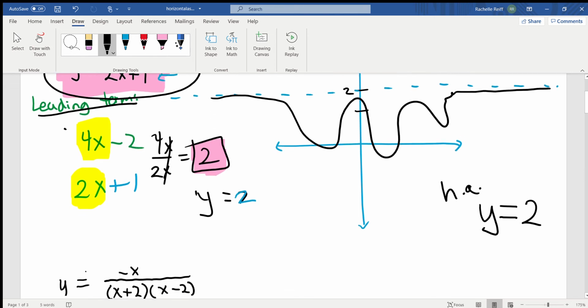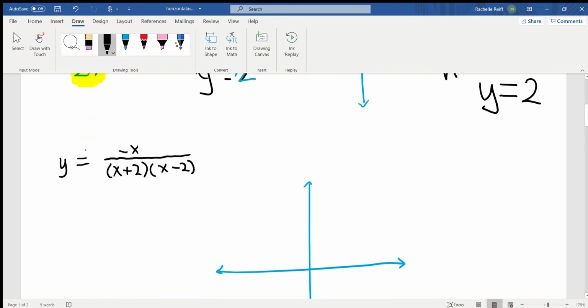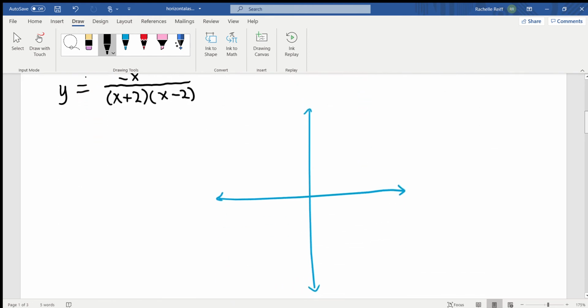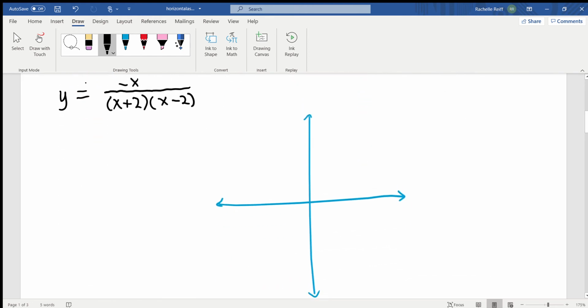So let's go ahead and do another, slightly more complicated example. This time, I have this function right here: negative x over (x plus 2)(x minus 2). Again, we just want to find the leading term of this function. But this one's a little harder because the denominator is not a normal polynomial.